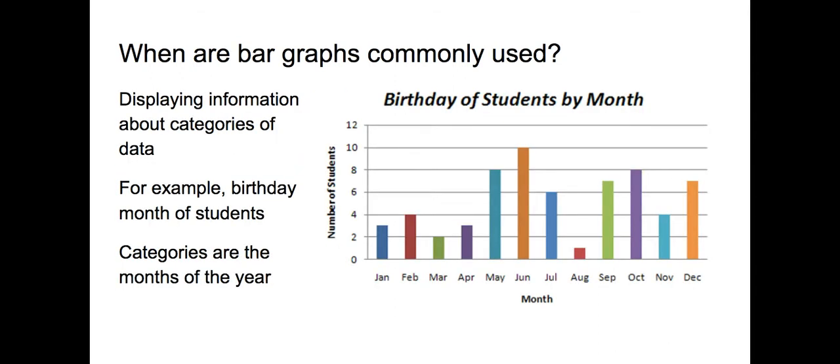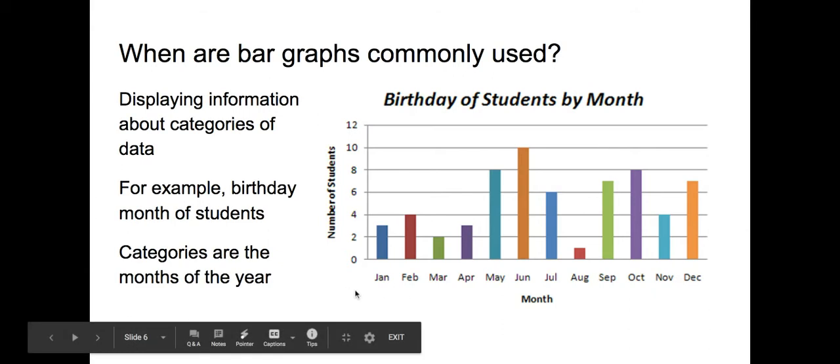Another example of categories is birth months of students in a class or in a school. And the title is Birthday of Students by Month. And we have categories on the horizontal axis, and the categories are months of the year.